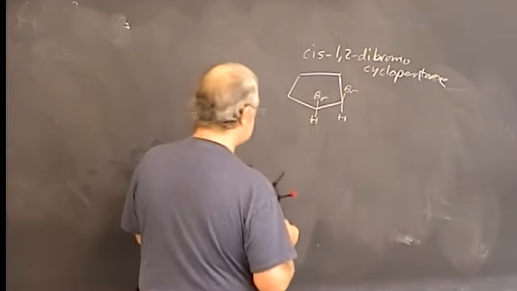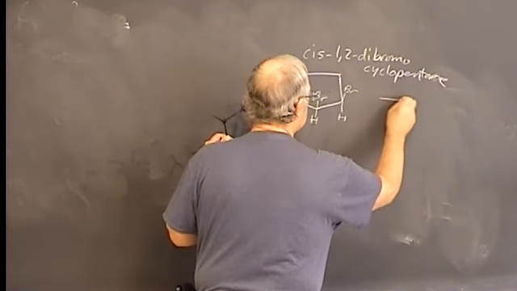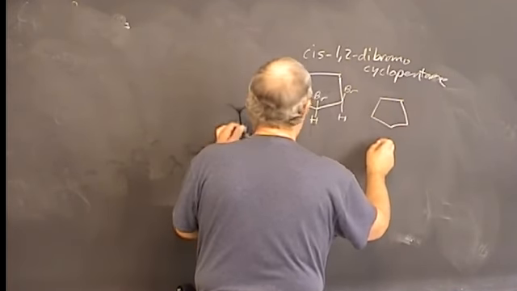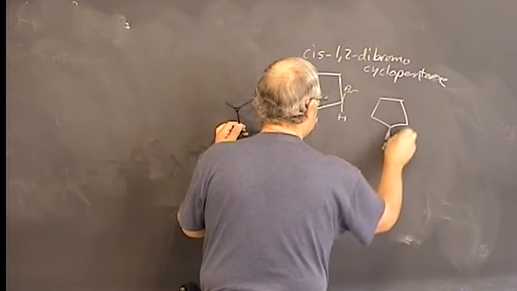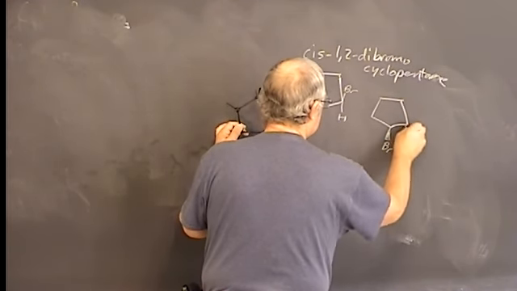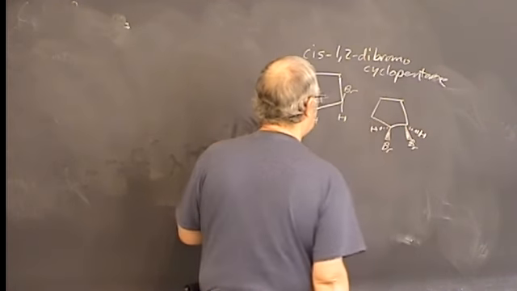So that is the cis. Another way to represent that would be to draw it like this. We could show both bromines coming forward or back, and the hydrogens moving back.